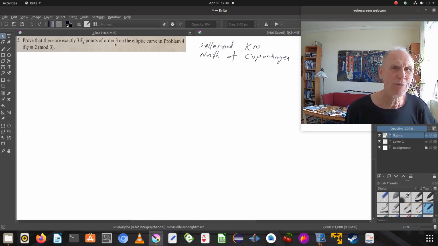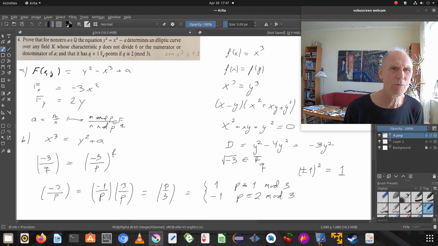Exactly 3 FQ points of order 3. And we just take the curve from the problem 4.